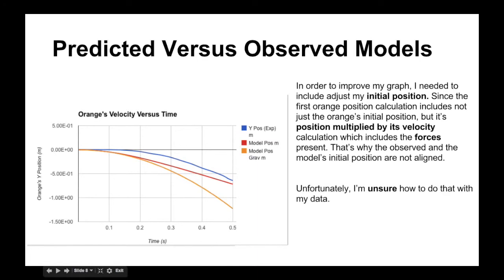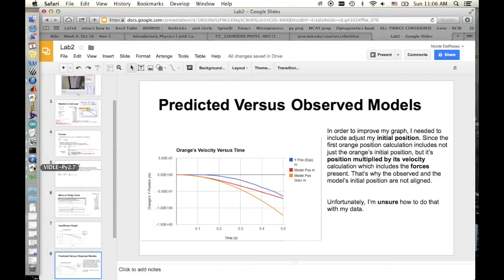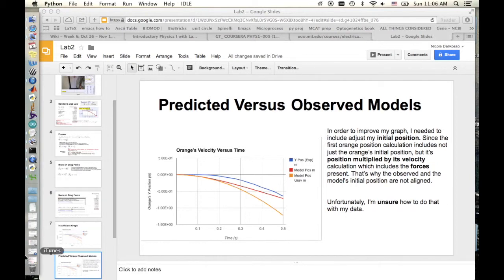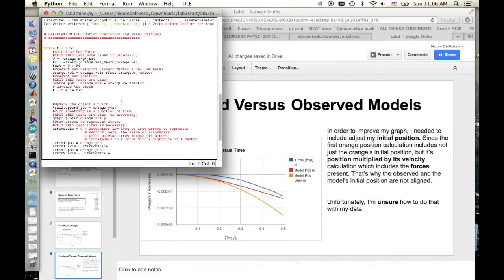The reason why I think this is because my initial position was not the same as my computational position, due to the fact that at my observed position, that was when my initial velocity was 0, right? But in my while loop, the first computation of my orange's position will include the orange's velocity, which is going to take in the net forces that we declared earlier, the mass, all these things, and update the velocity.